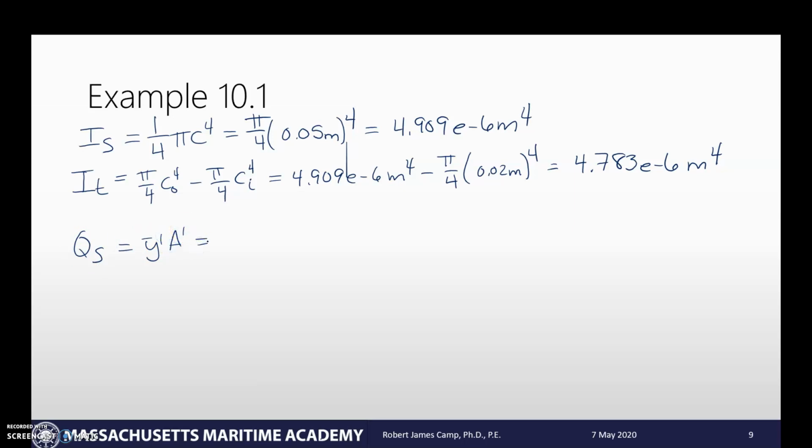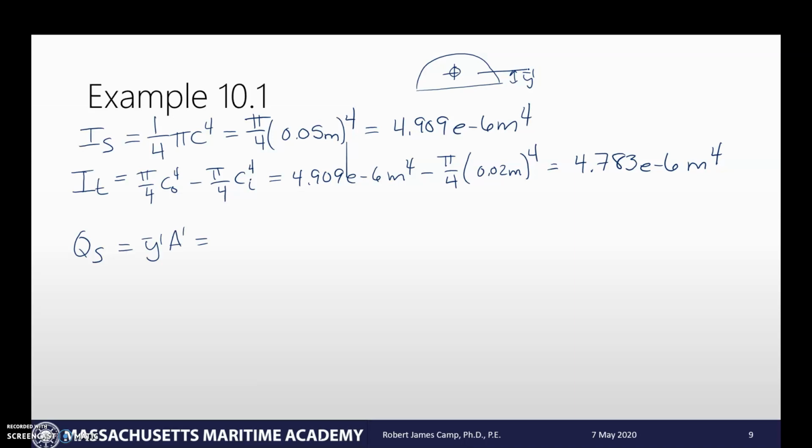Now, this one's a little bit easier because we are doing it right at the diameter, so we've got a full semicircle above where we're locating our y value. And so if I look at that, and I'll draw it up here, I need to figure out what the y bar of a semicircle is.